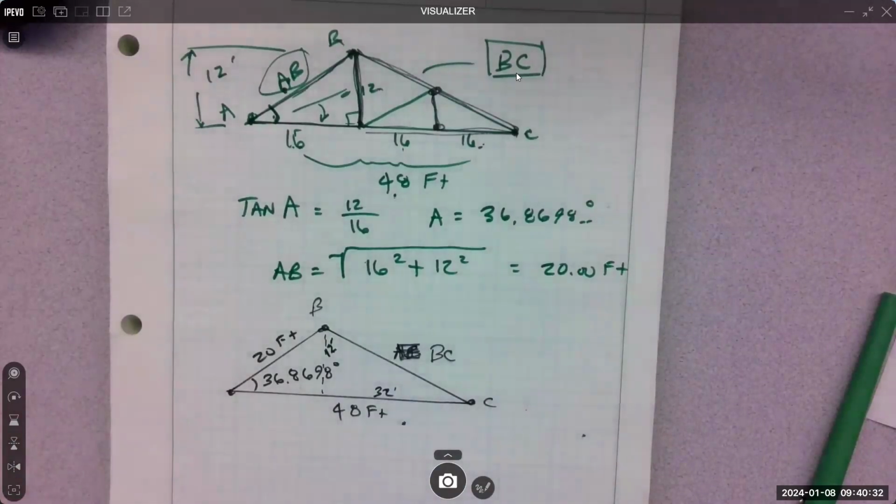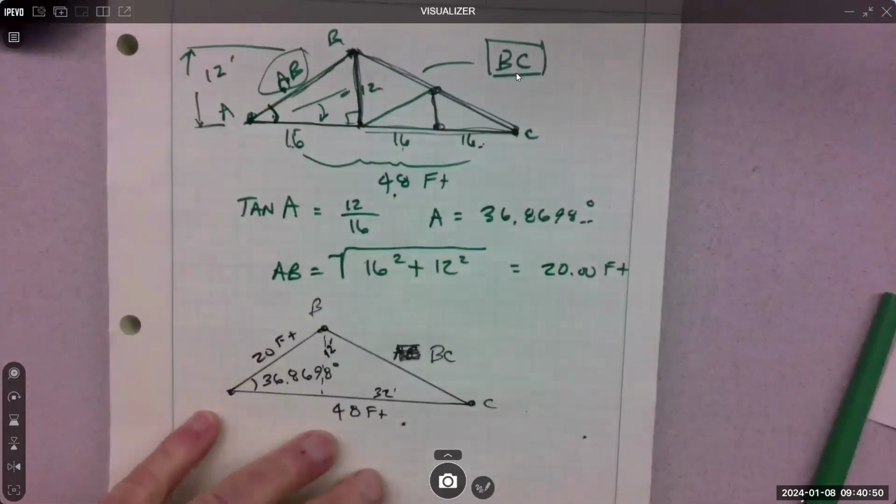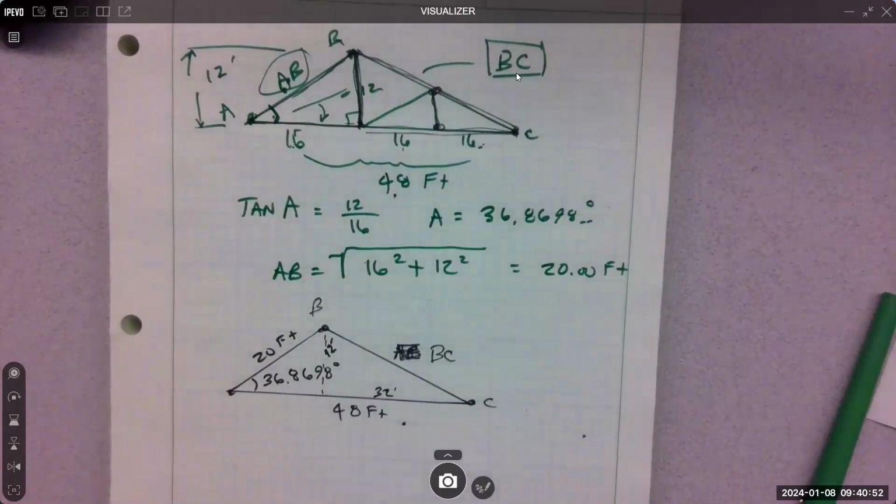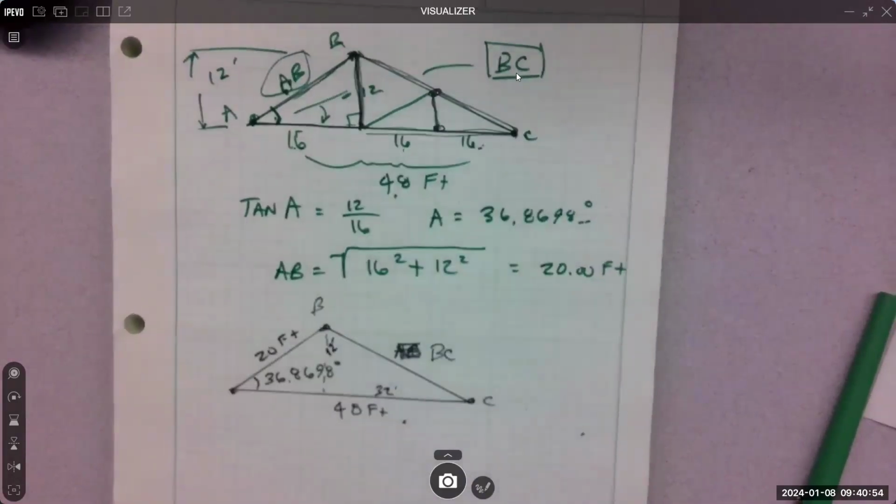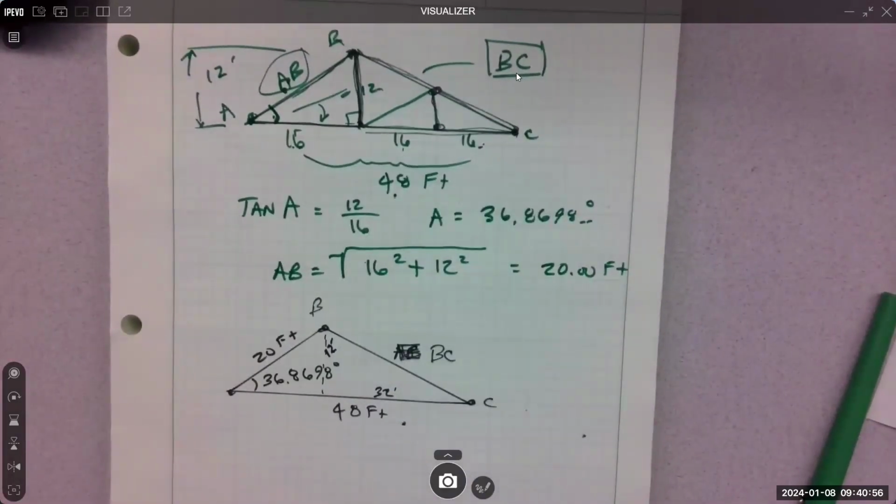And you could just do Pythagorean theorem again. So yeah, dissect them. Break them into right triangles if you can. That's always the easiest. It's when we get into vectors that we won't have that information. We'll be able to do it, but we'll go down that road when we have to.